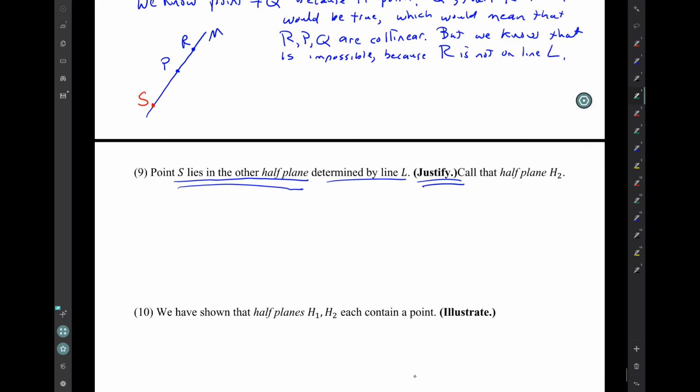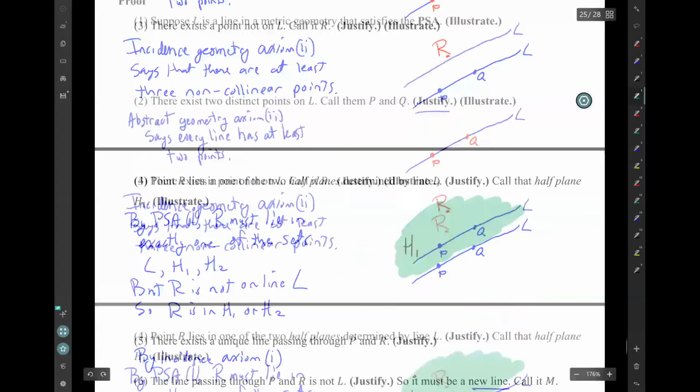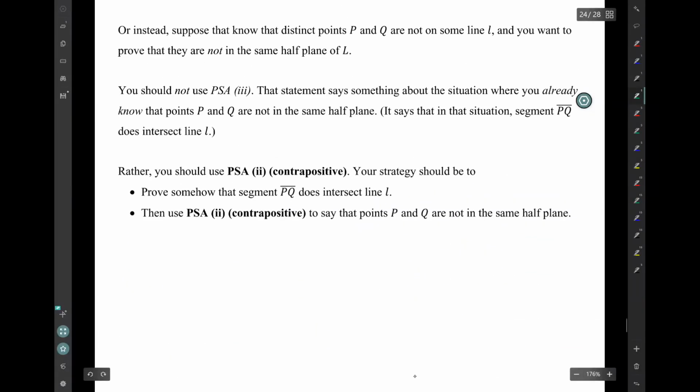Let's go back up and look at our strategies for showing that 2 points lie in different half planes. To prove that 2 points are not in the same half plane, we have to somehow show that the line segment that connects them does intersect the line, and then we use PSA2 contrapositive to say that therefore the points are not in the same half plane.